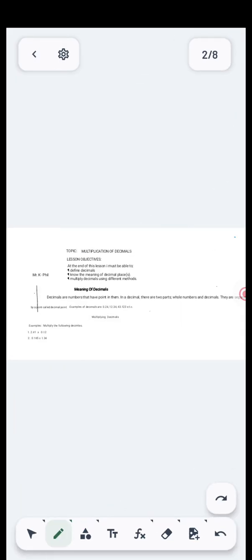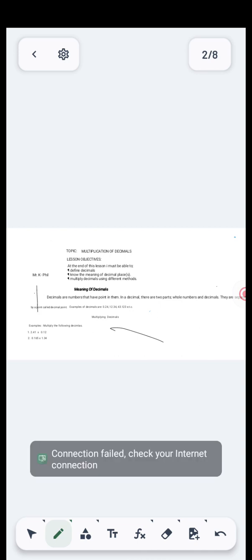So what are decimals? Decimals are numbers that have points in them. In a decimal, there are two parts: whole numbers and decimals. They are separated by a point called the decimal point.